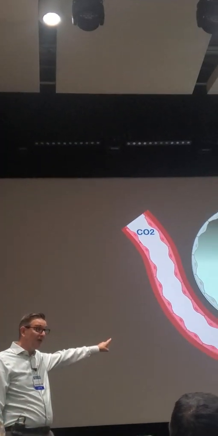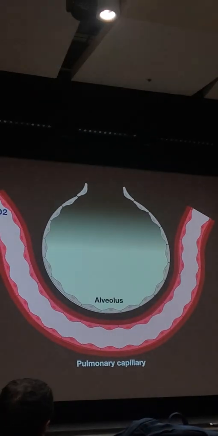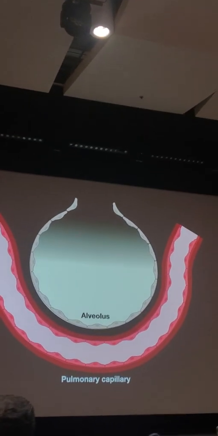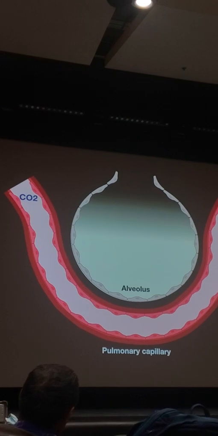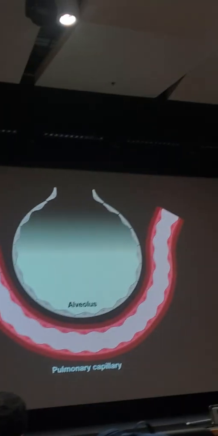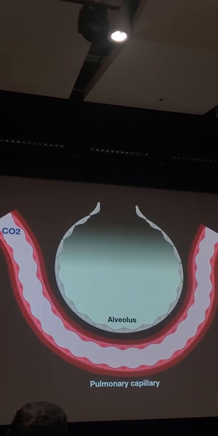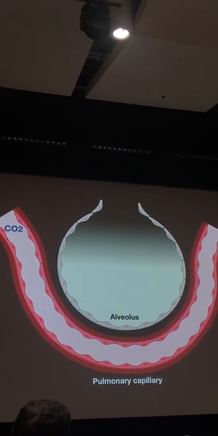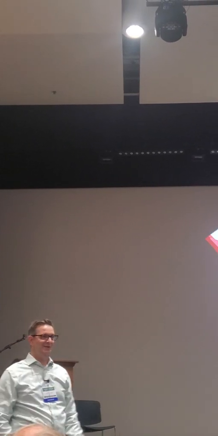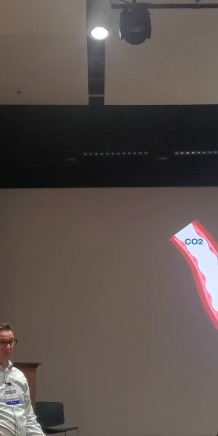The capillary's diameter is so thin, somewhere in the ballpark of 8 to 10 microns, that a red blood cell, which is usually 7 to 8 micrometers in diameter, goes single file through this pulmonary capillary.